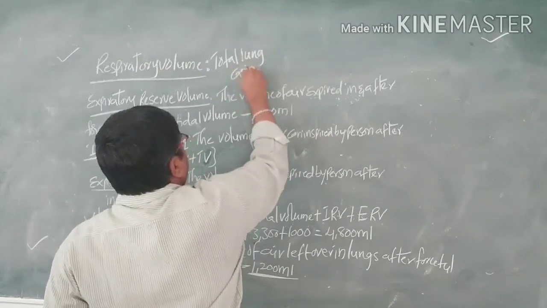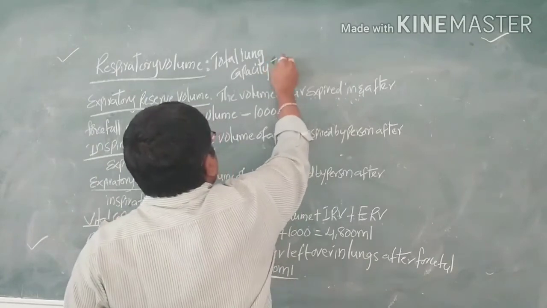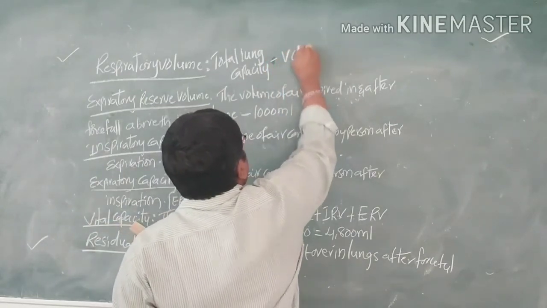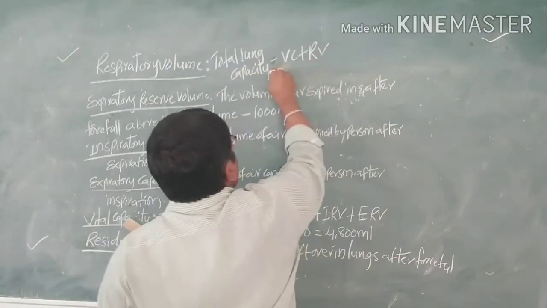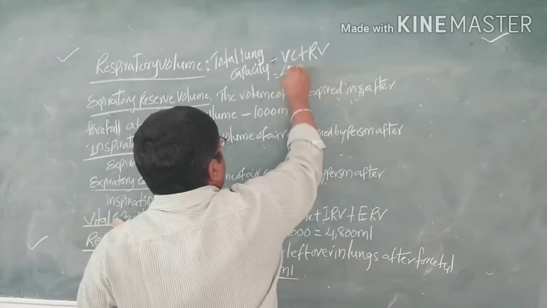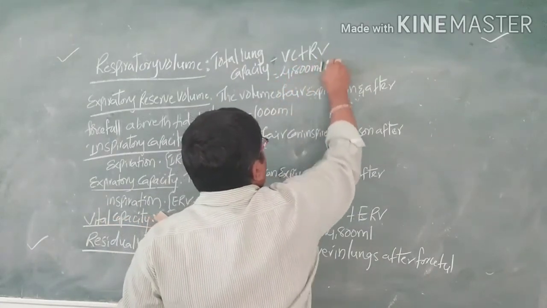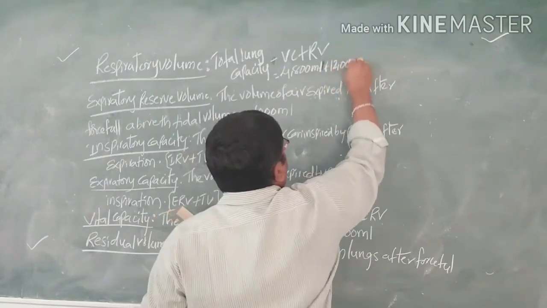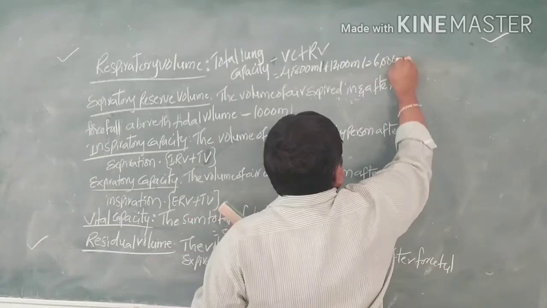So the total lung capacity can be taken as the vital capacity plus the residual volume. Here the vital capacity is 4800 ml plus 1200 ml, so in total we get 6000 ml.